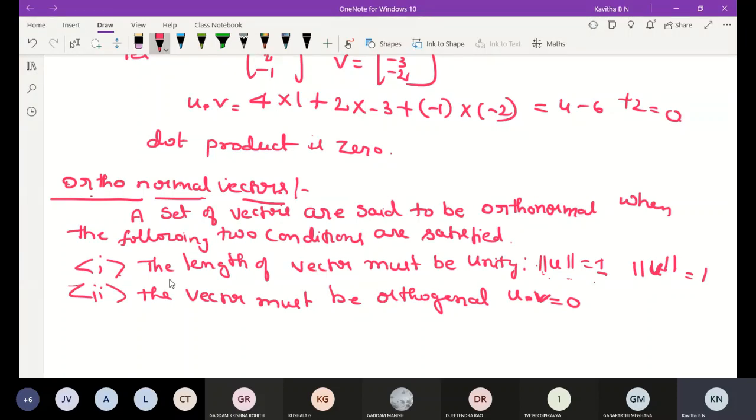Okay, next, one more formula for the orthonormal unit vector.